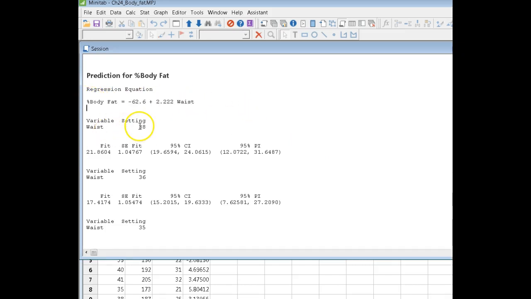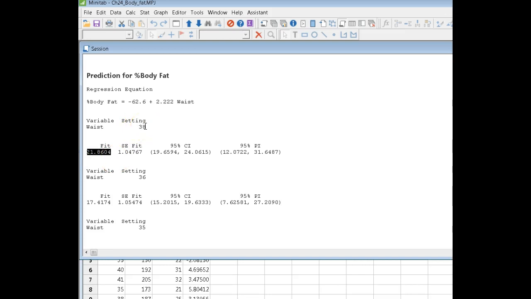We've said to Minitab, take an x value of 38, plug it in here, and solve for percent body fat. So this says if a man's waist measurement is 38, then the point that fits directly on my regression line is 21.86.